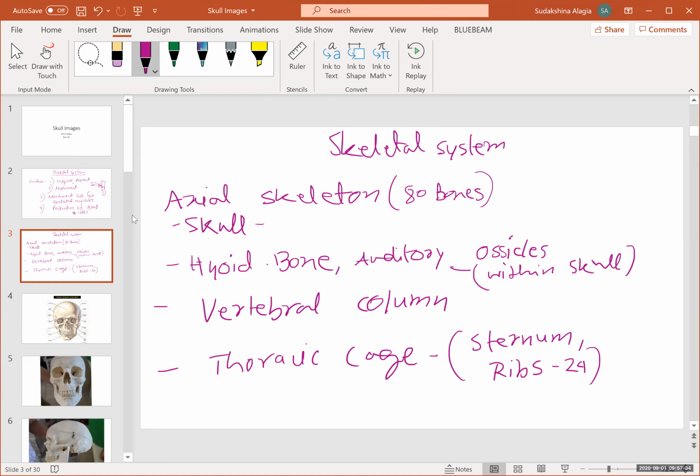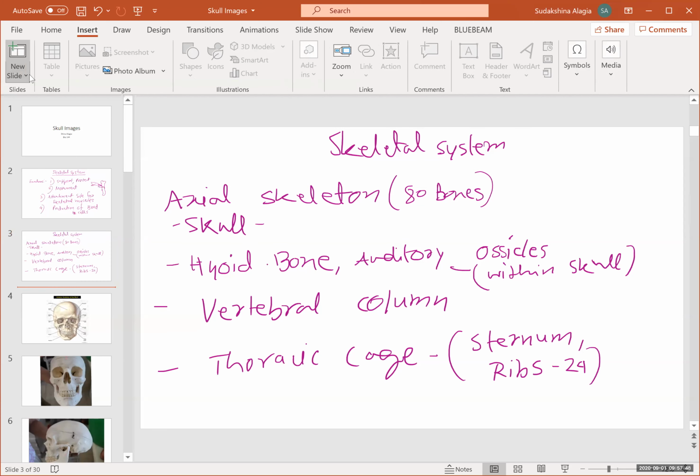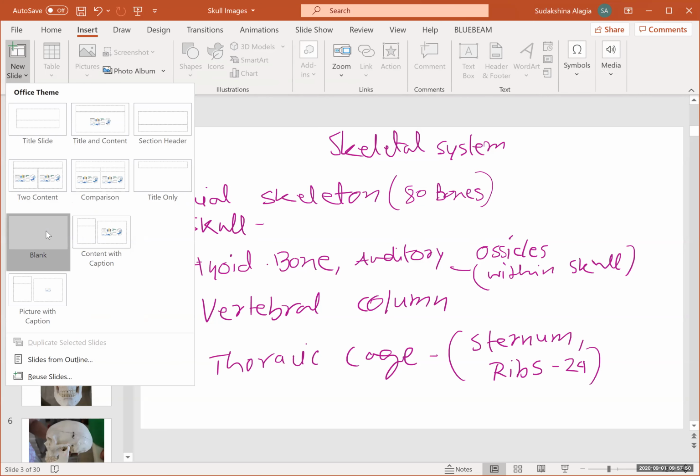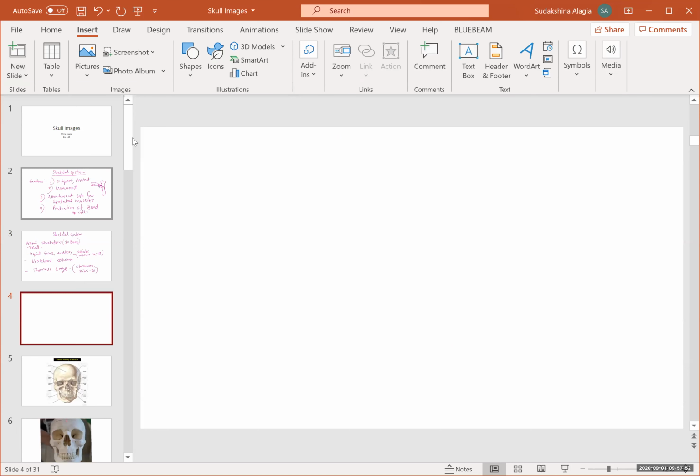Skull, which is made of what we call cranial bone and facial bone. Okay. So the skull itself is cranial bones and facial bones.